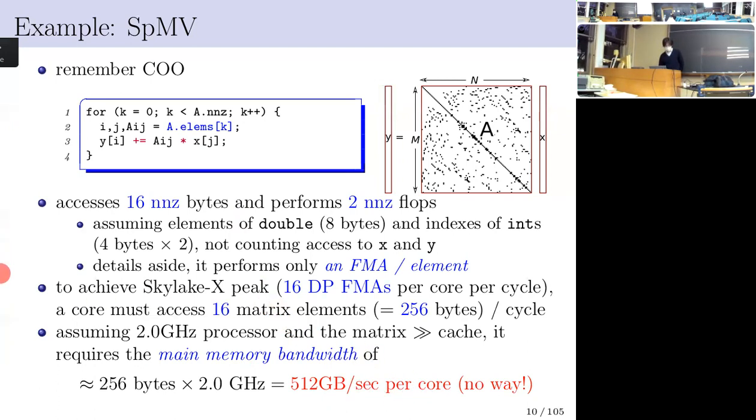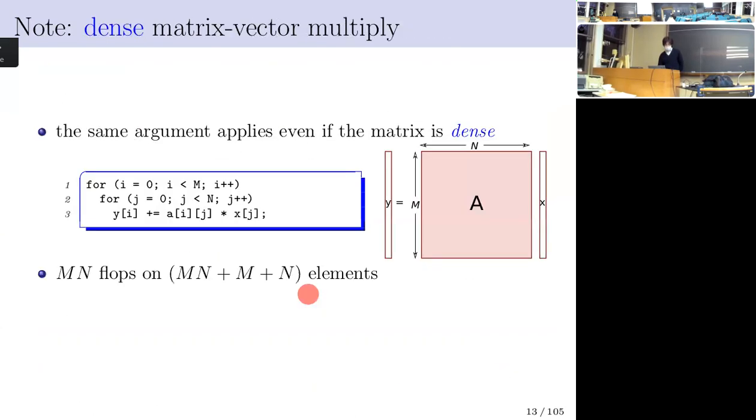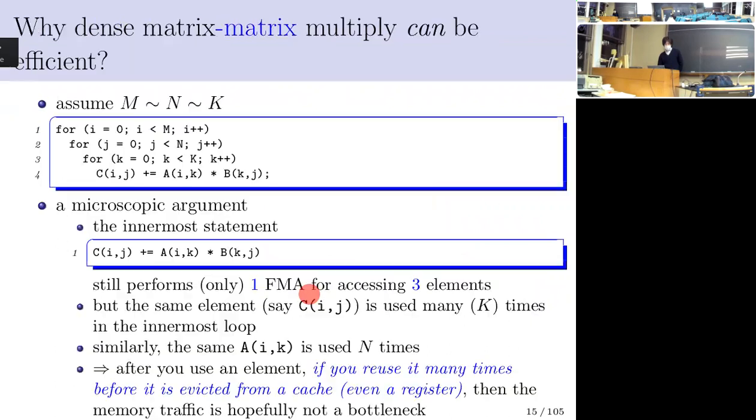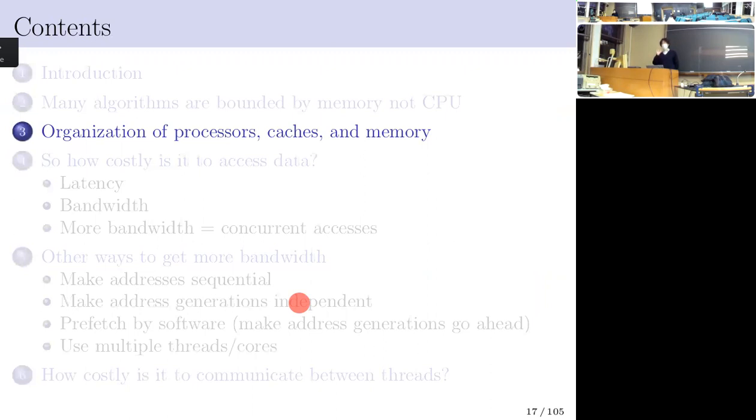So it's far from what we need to get the sparse matrix vector multiply done at full processor speed. This is simply not possible. The main takeaway is that you have to be very much aware of the memory bandwidth when you are talking about the performance of your algorithm. It's not determined only by the processor's performance.